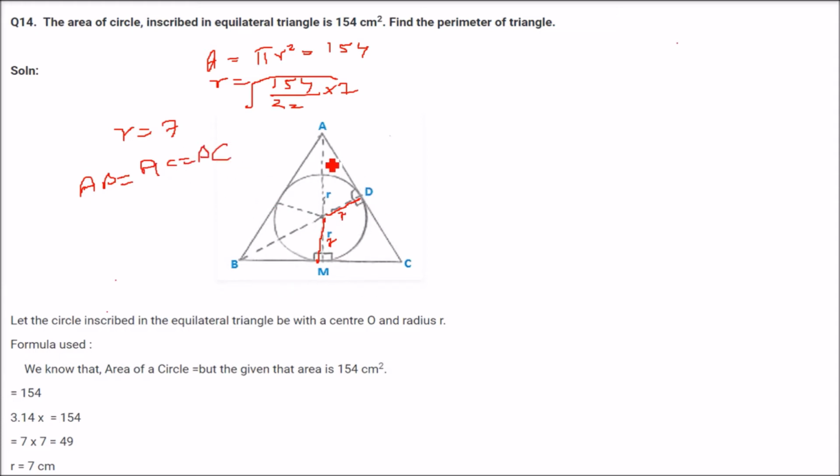There are certain properties of an equilateral triangle. First of all the sides are equal, all the angles are 60 degrees, and the perpendicular from the vertex to the opposite side bisects the side. So if I take this side as x, BM will be x by 2, MC will also be x by 2.